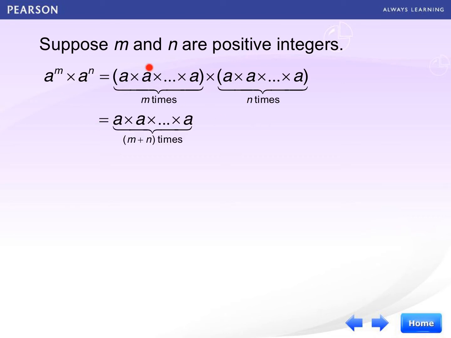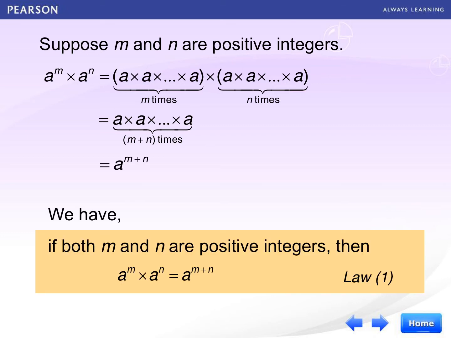Altogether it is m plus n times of a multiplied together. So it is actually a to the power m plus n. In general, if m and n are positive integers, then a to the power m times a to the power n is equal to a to the power m plus n.